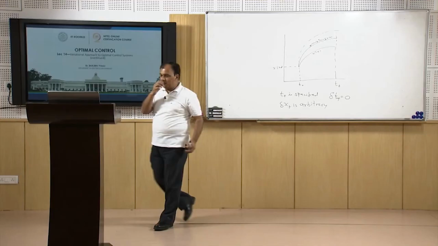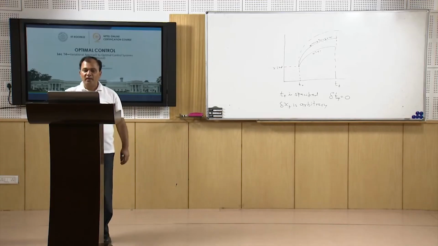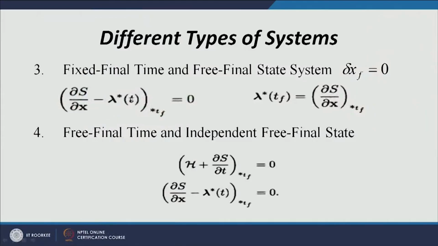So, the coefficient of delta XF, which is del S by del X minus lambda star at TF, must be equal to 0. This means I have a condition lambda(TF) equal to del S by del X at TF. So, this will be my boundary condition in that case.